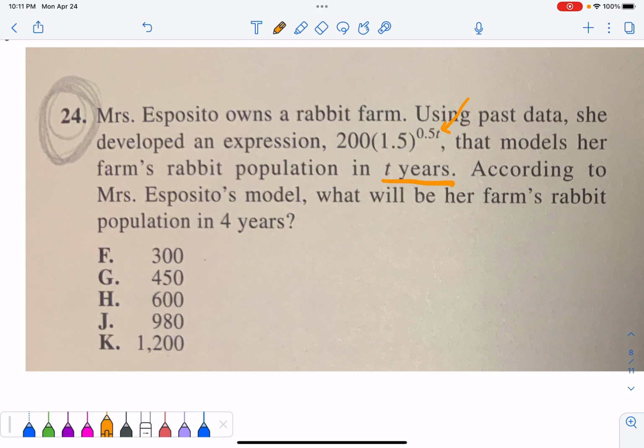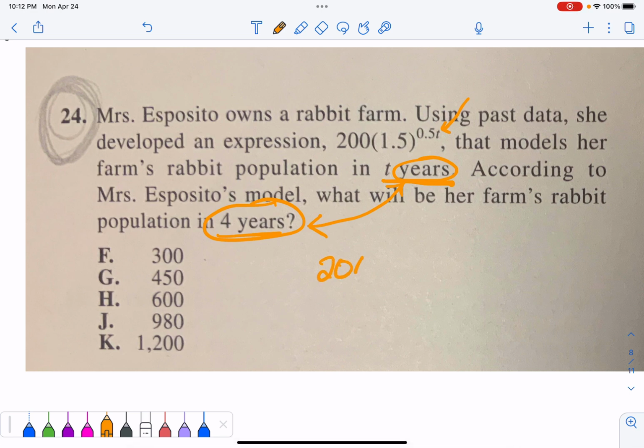According to Mrs. Esposito's model, what will her farm's rabbit population be in 4 years, okay? One thing that they might try to trick you on is that sometimes they'll have this in months, but they'll give this in years, so make sure that those are consistent with each other. You might have to do some switching from months to years, but this one's just a simple plug-in.